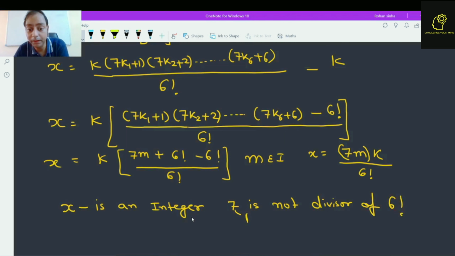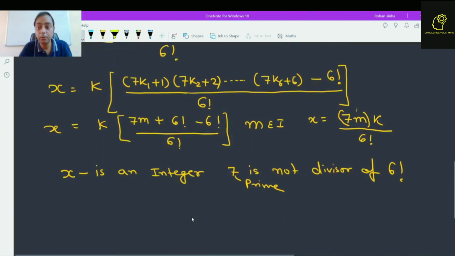So what does it mean? If this is an integer, then 6 factorial must divide 7mk. 7 is prime, so it is not a divisor of 6 factorial, and x is also an integer.